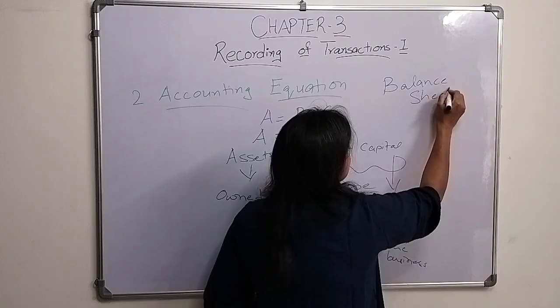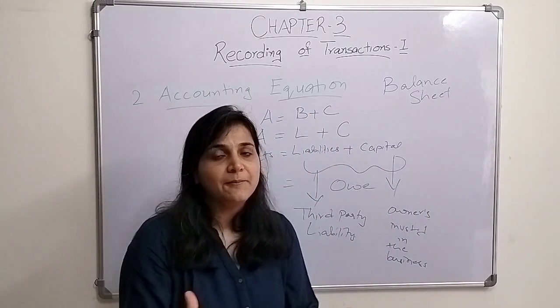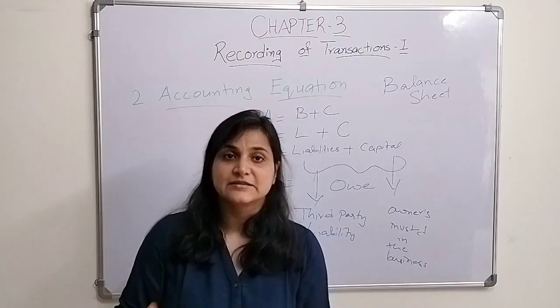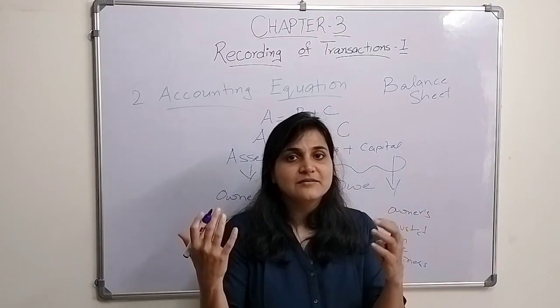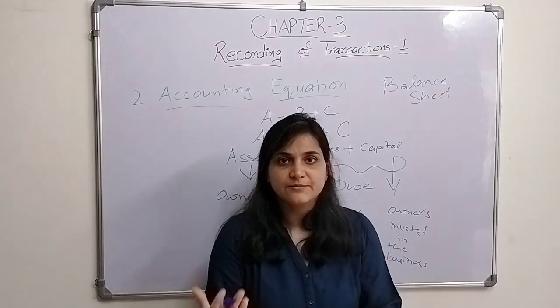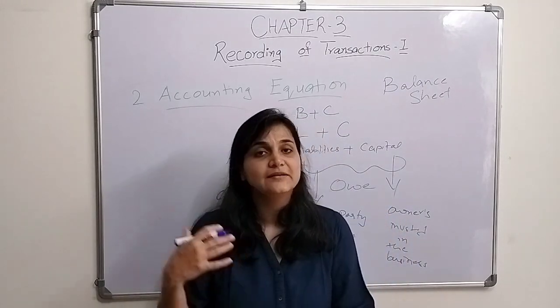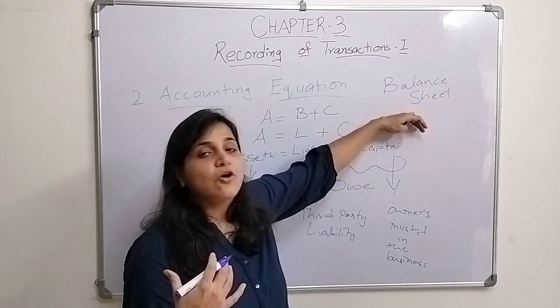What is a balance sheet? It is a statement showing the financial position of a business. What is the financial position? What does the business own? What are the business's assets? What are the business's liabilities? So that is called a balance sheet.